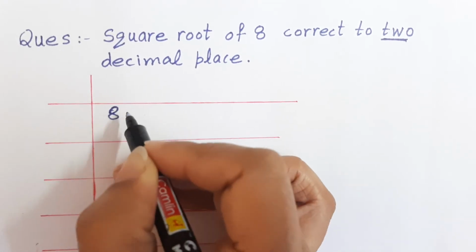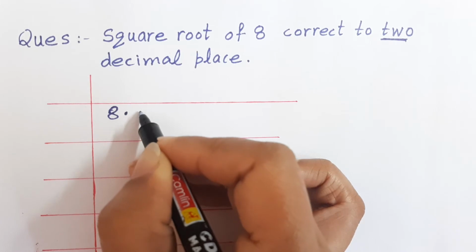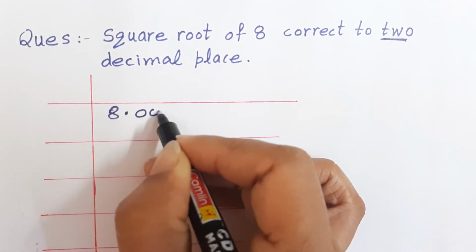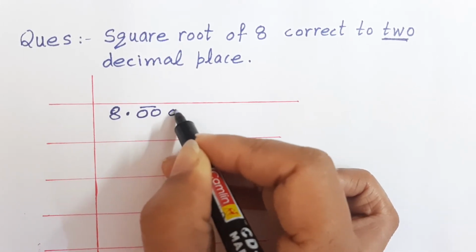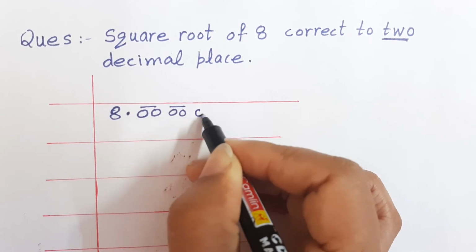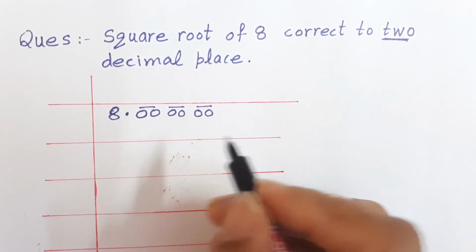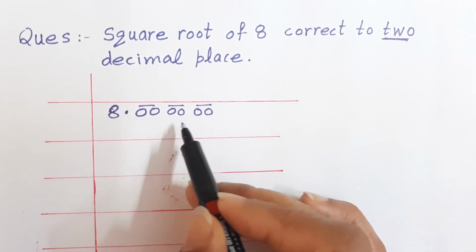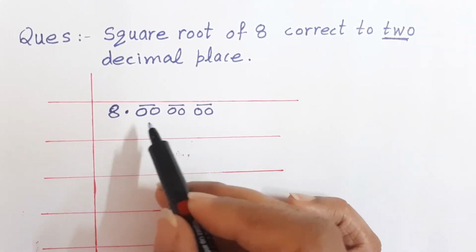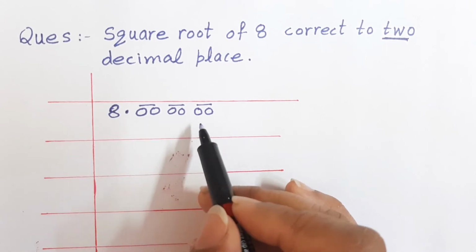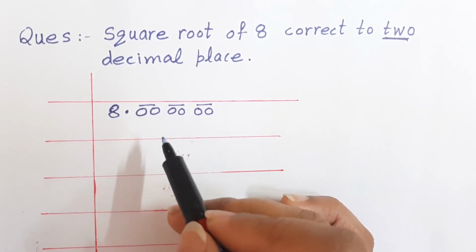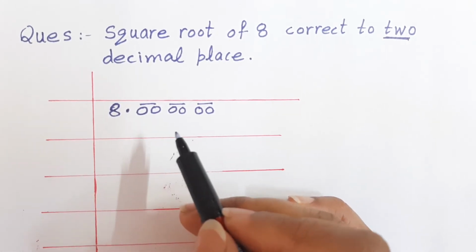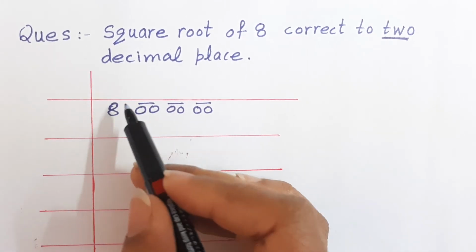We can put a decimal sign here and then I can take any number of zeros in pairs, as many as I need. Since I am supposed to find till 3 decimal places, I have taken 3 pairs of 0. The value does not change. 8 will remain 8 as it is. So let us start with this.